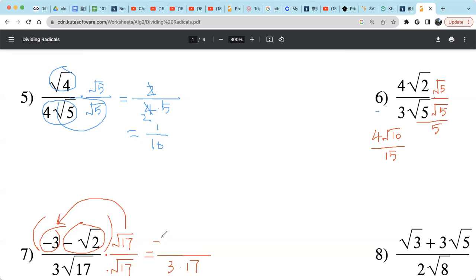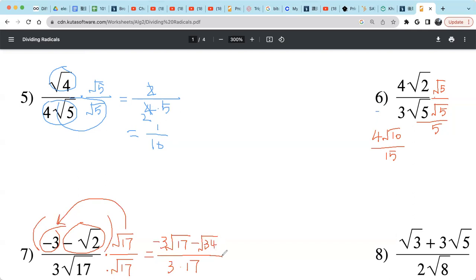We get a negative 3 square root of 17. Then minus, because the negative square root 2 is a prime, 17 is a prime, cannot be simplified, so I just multiply them. So I get square root of 34.